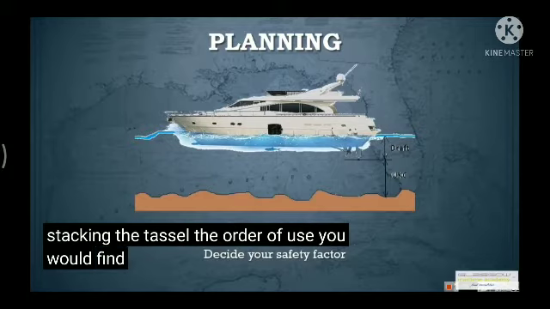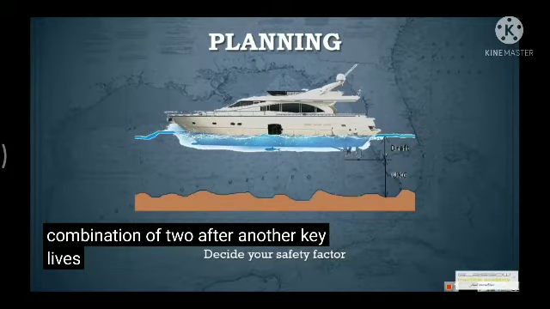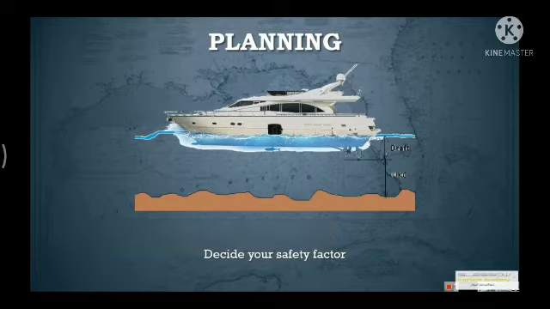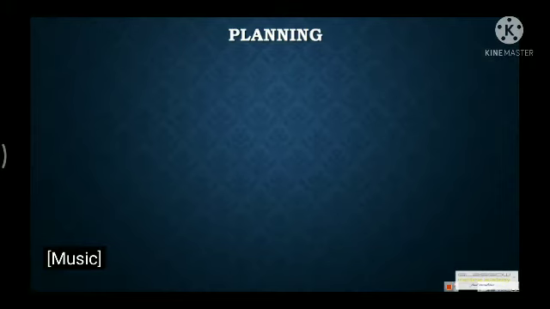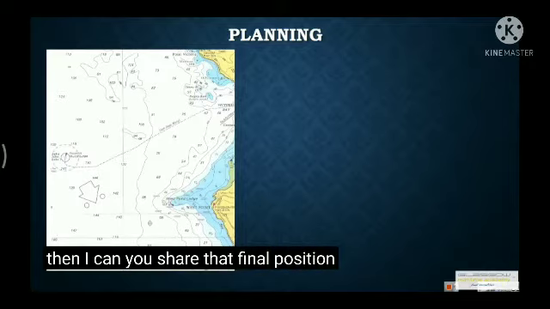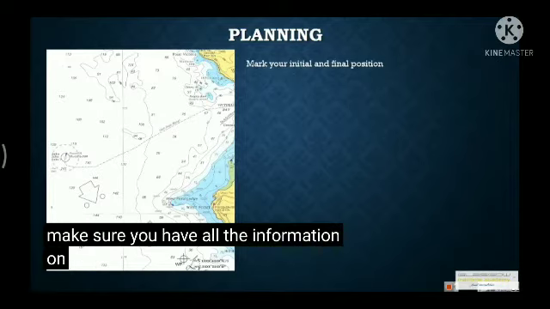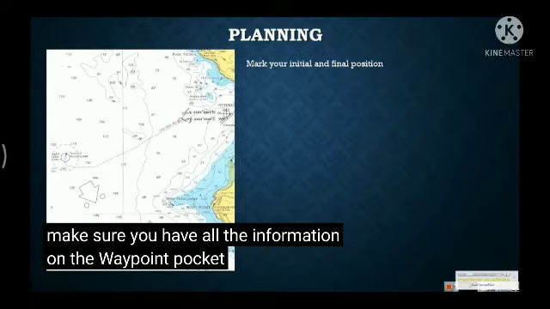You would find your safety depth, which is a combination of draft and underkeel clearance. You would then mark your initial and final position. Make sure you have all the information on the waypoints and mark them off on the chart.